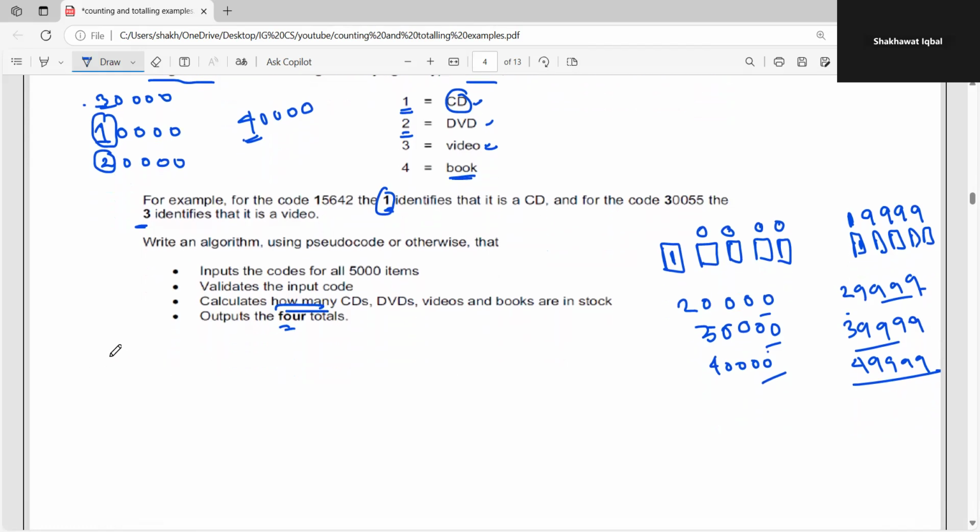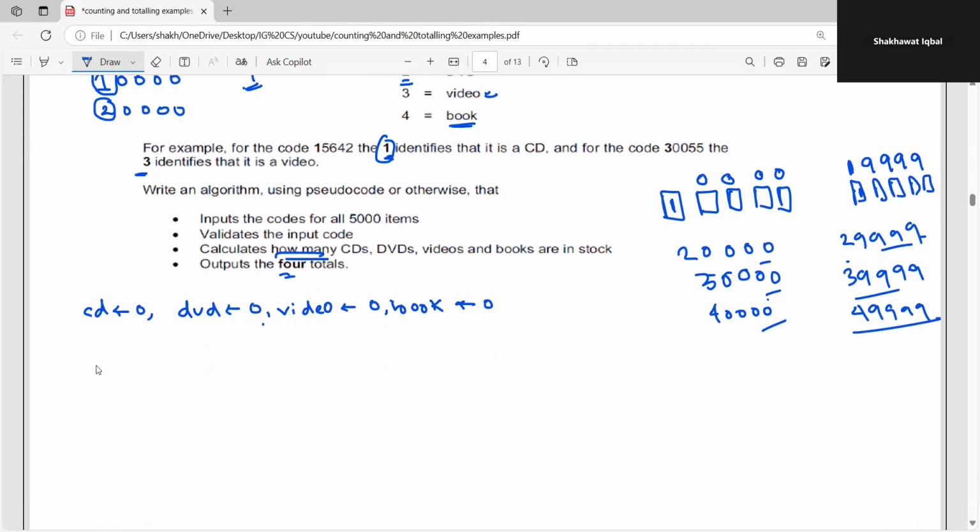So initially, how many CD, DVD, video, and book do we have? CD, 0, DVD, 0, video, 0, book, 0, right?